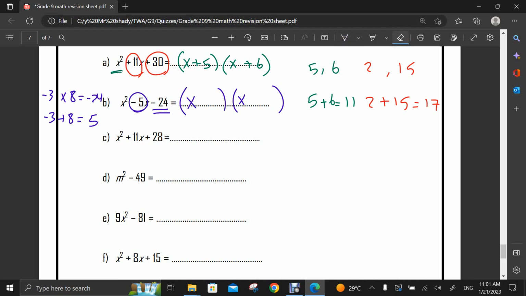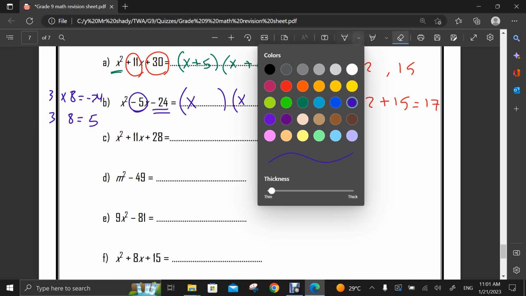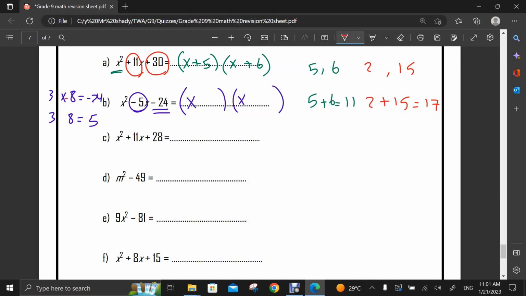What if I say negative 8 and positive 3? So 3 multiplied by negative 8 is negative 24, and 3 plus negative 8, or 3 minus 8, will be negative 5. So now we are right.